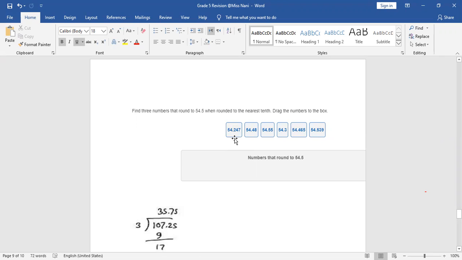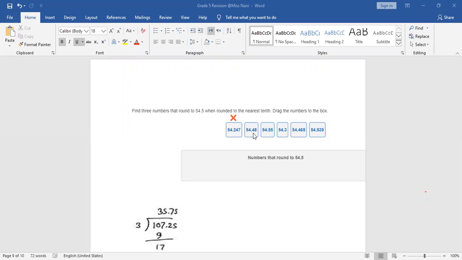If it is smaller, I don't add anything, so it will be as it is. So 54.2, the 2 is smaller than the 5, so no, it will not be rounded to 54.5. So let me write wrong.